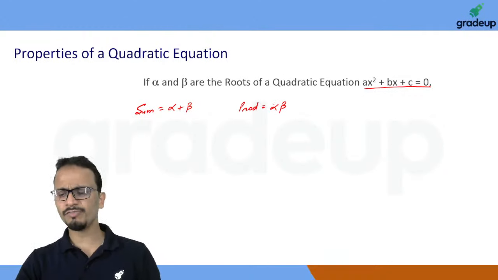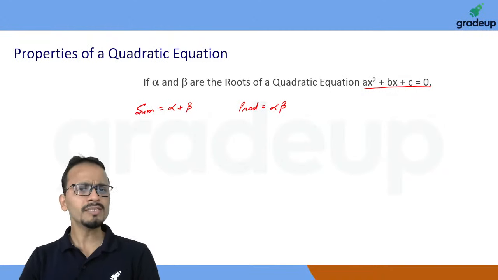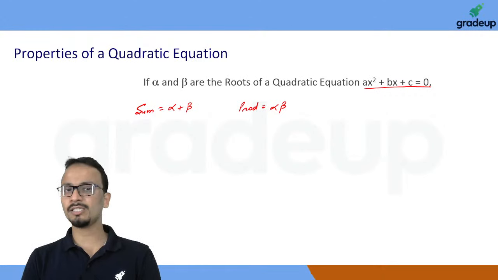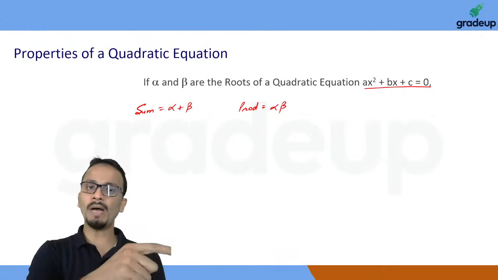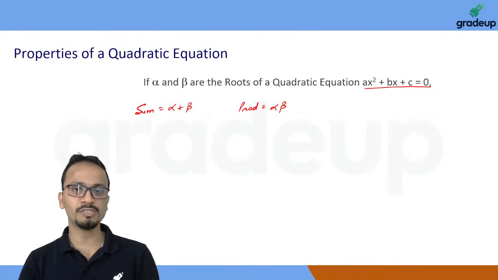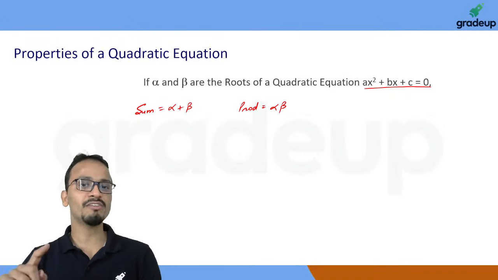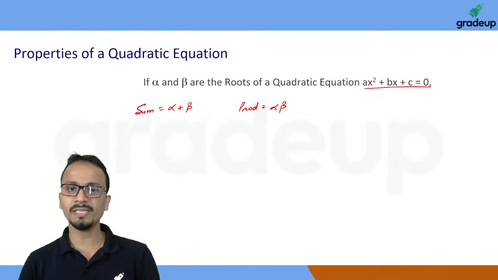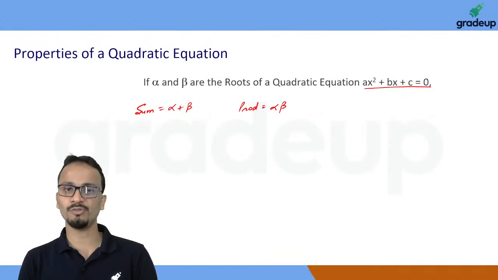But we need to understand that this is a very lengthy procedure. If we want to find out alpha plus beta, we'll calculate the values of alpha and beta separately, and then we'll substitute these values.